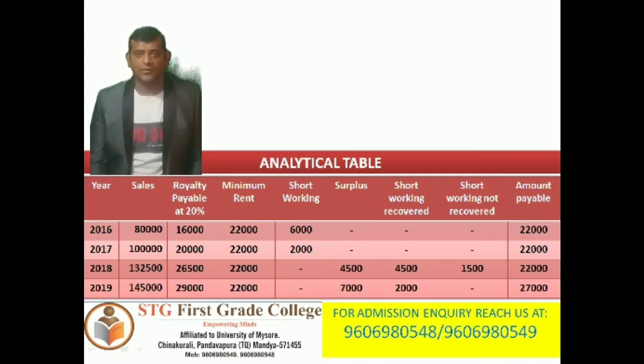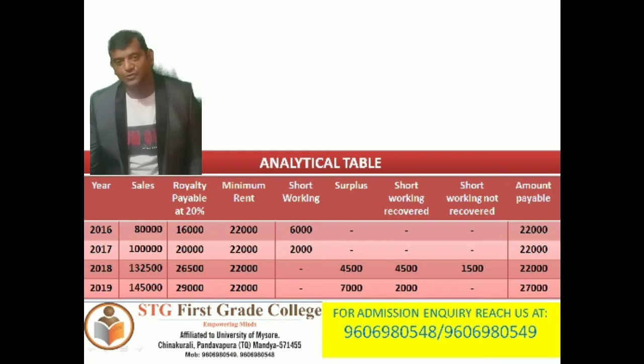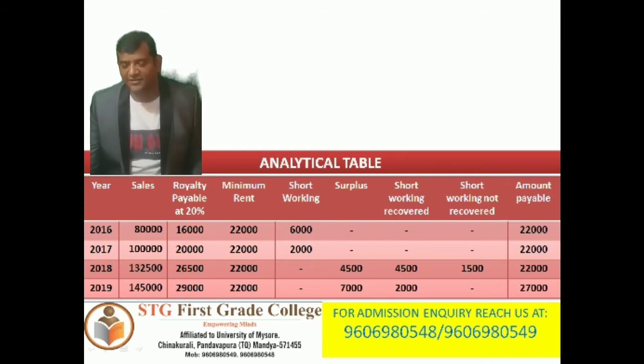So now let us enter the year 2016. Sales value is 80,000. So 20% on 80,000, that is 80,000 into 20 divided by 100, is 16,000 rupees, the royalty payable amount. But the minimum rent was 22,000. So obviously we are at a short working.